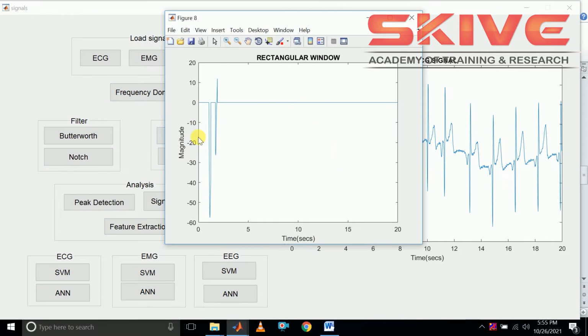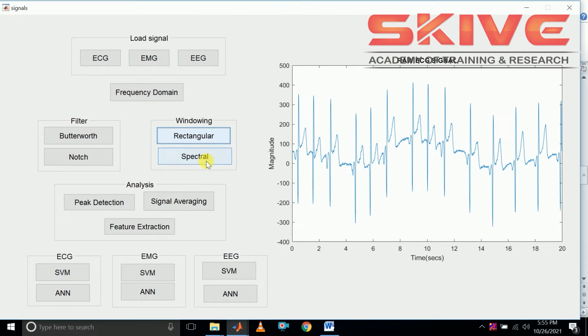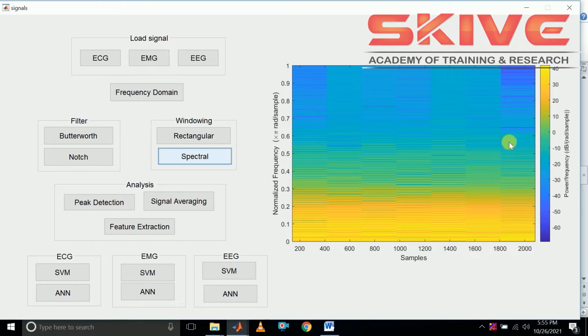The rectangular window and the spectral window will be used for the windowing process. Next part is the analysis part. Here we are using the peak detection technique, signal averaging and feature extraction step, which will be used in the classification process.